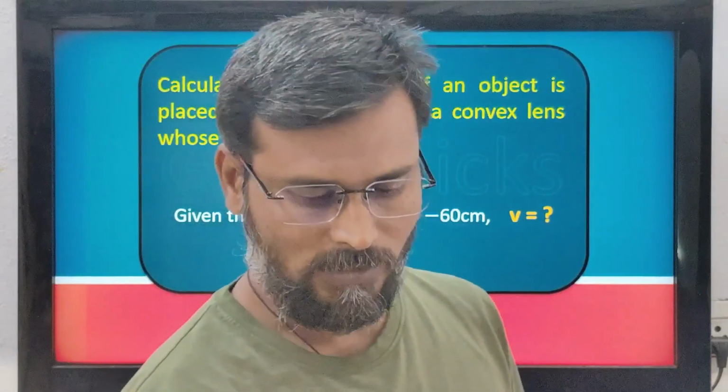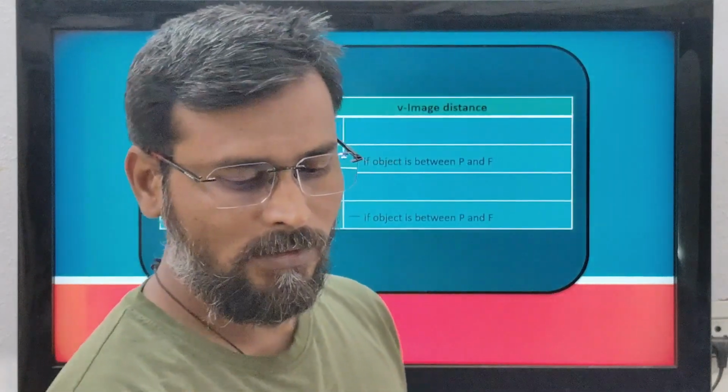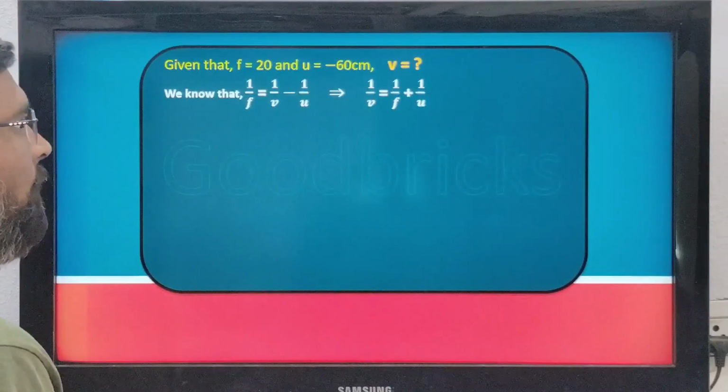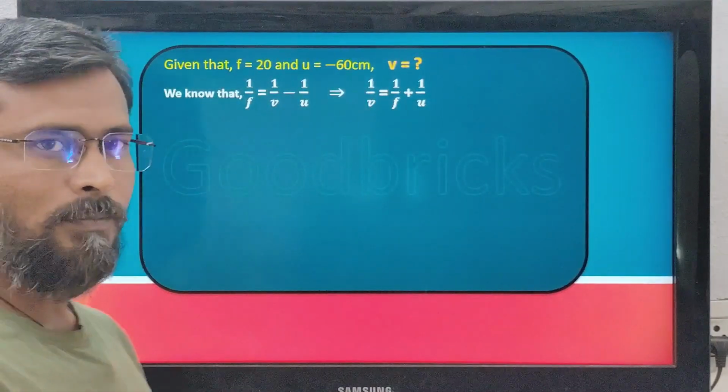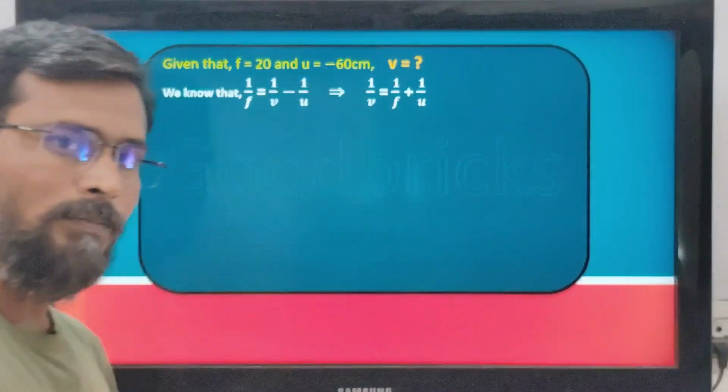Now to solve this problem, let us use our lens formula. Everybody say along with me: 1 by F is equal to 1 by V minus 1 by U. This is the lens formula which we are going to use to solve this problem.